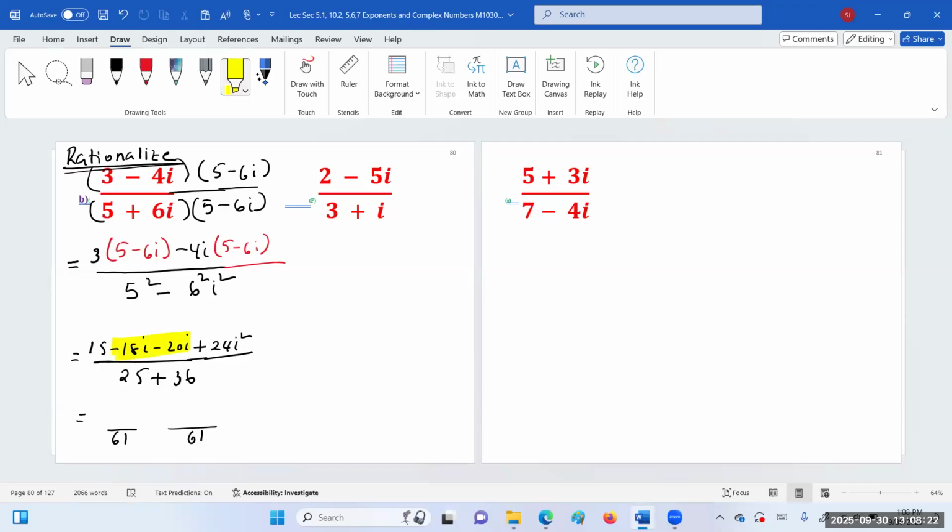These are like terms, which gives you negative 38i. This 24i squared turns into negative 24. So when you subtract 15 minus 24, 24 is bigger, it has a negative sign. Our answer will have a negative sign. And then 24 minus 15 is? So that's the final answer.